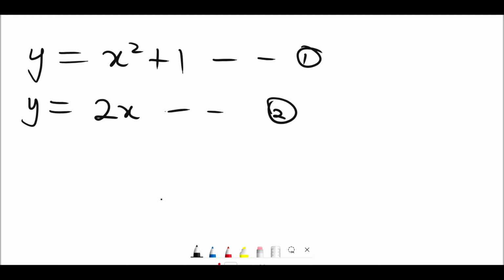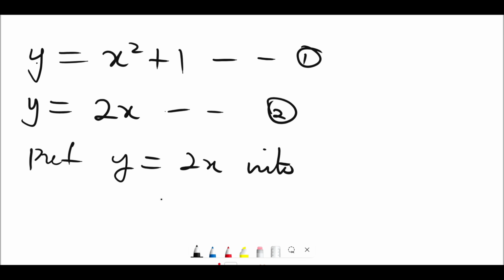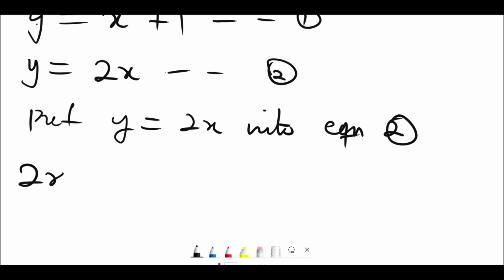Since y = x squared + 1 and y = 2x, we can put y = 2x into equation 1. So we are going to get 2x = x squared + 1.